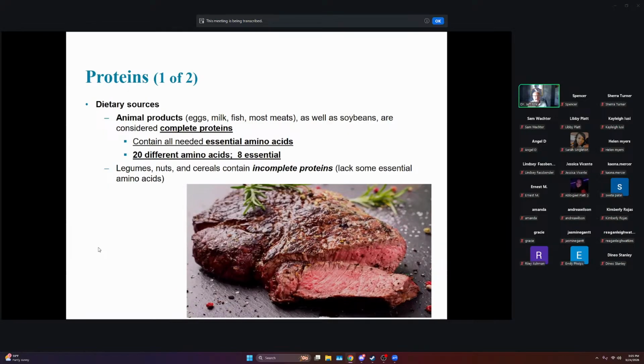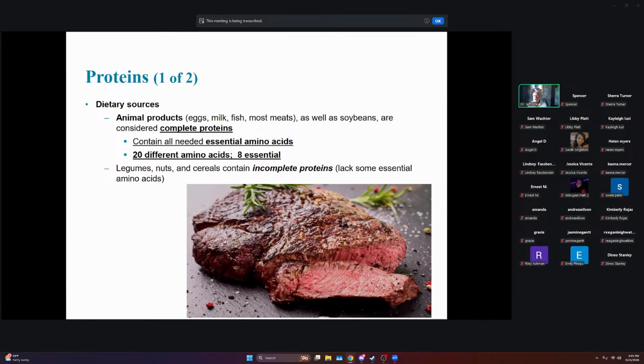Moving on to proteins, and we all know what proteins are. Proteins are meat, eggs, fish, cheese, dairy, okay? Very, very important for tissue synthesis, right? Building tissues, all right?